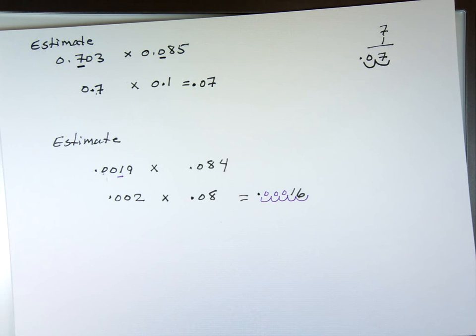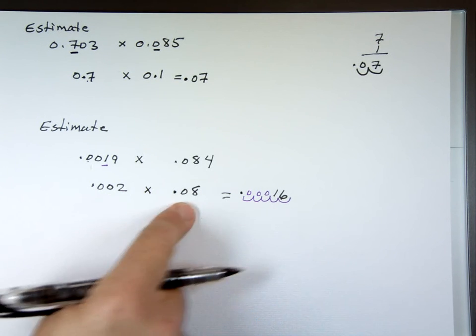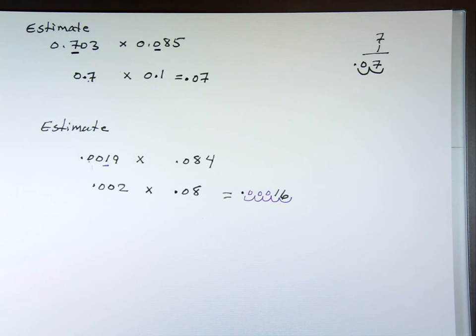So sometimes you even have to change your rounding, some to nearest tenth, some to nearest hundredth, because I want to do something in my head without a calculator. I don't want to spend too much time on them. 2 times 8, 16, move the decimal point. Oh, that's it. Quick way to get to the math. And that's the end of this section. I'll stop the camera here.